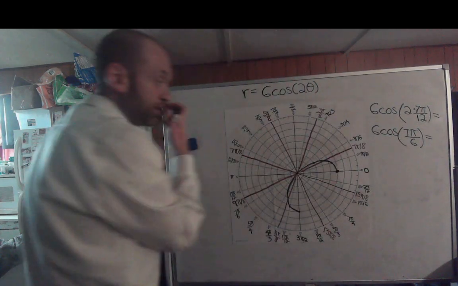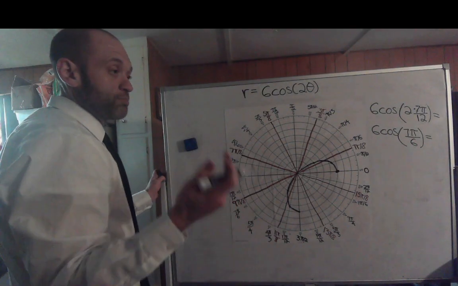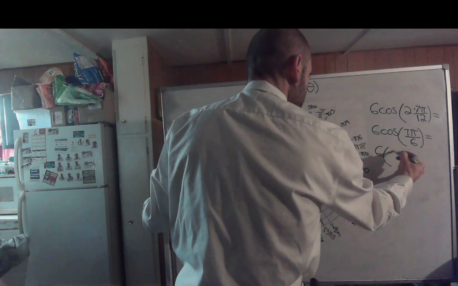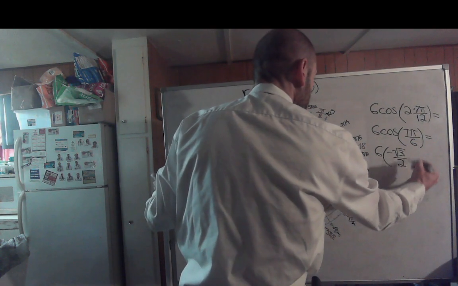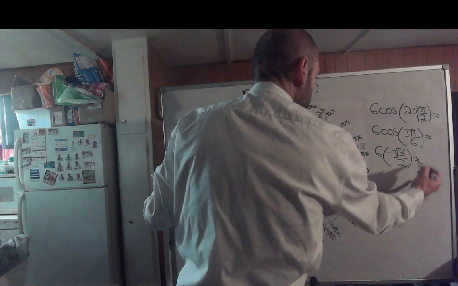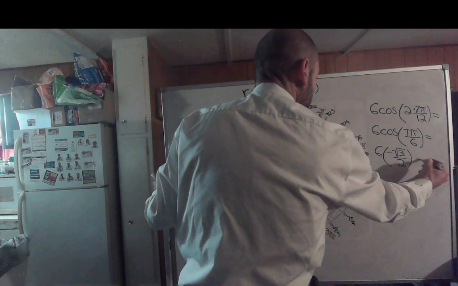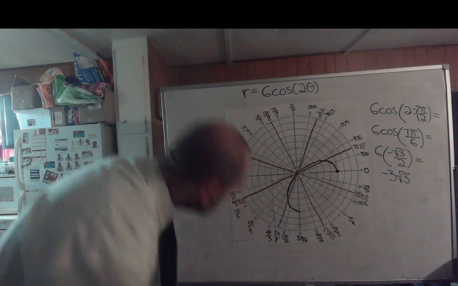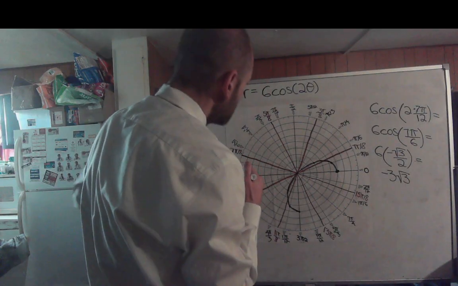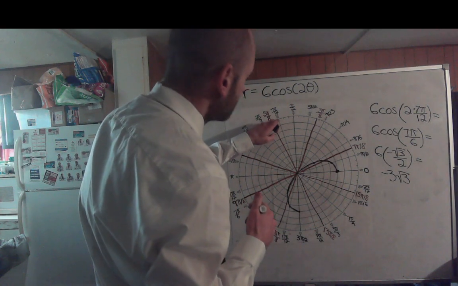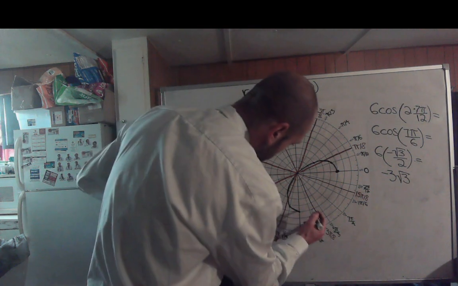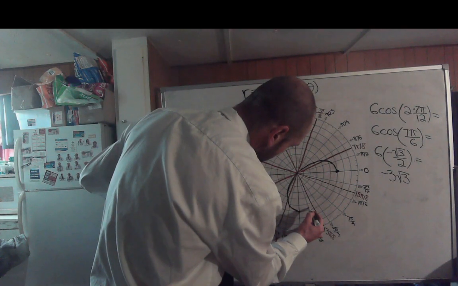Well, 7 pi over 6 is in the third quadrant, which would make this also negative. So you'd have 6 times negative square root of 3 over 2, which would be equal to negative 3 times the square root of 3, which, let's see, if it's 7 pi over 12, the negative of that would be down here at 19 pi over 12, about right there.